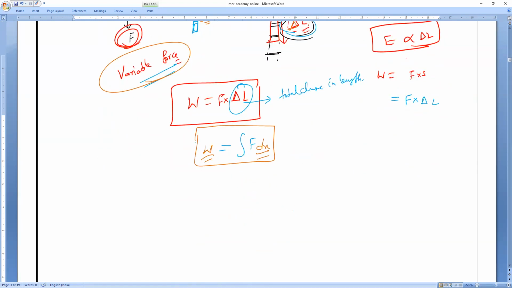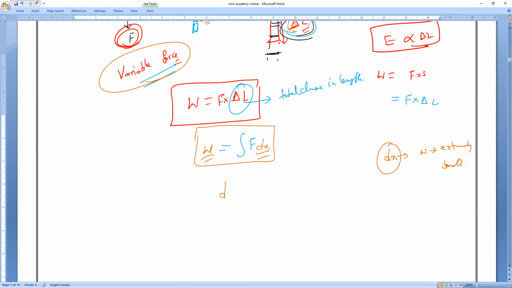Now, the work done is extremely small in stretching the wire by how much? By dx. If I stretch the distance dx, the work done is extremely small. When it is stretched by an extremely small amount x, then we consider it very small.